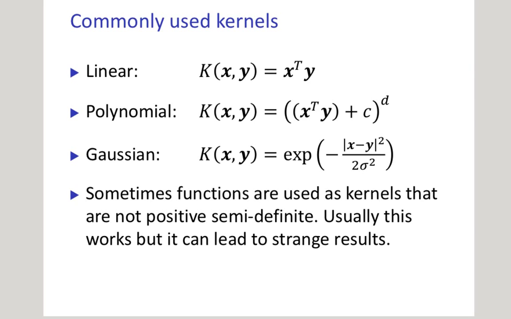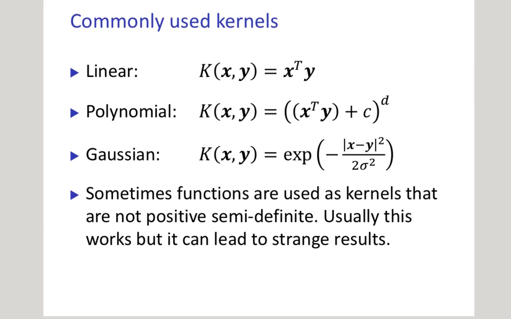Higher values usually lead to overfitting. The Gaussian kernel is mostly used for regression and classification using support vector machines. We've already seen a regression example, and we will see a nice classification example using the Gaussian kernel when we discuss Gaussian processes.